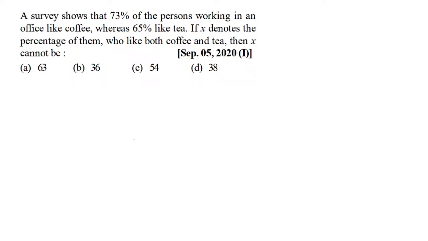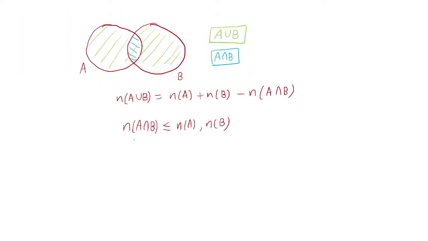I hope everyone has read the question and you may try answering it. The sub concept involved will be what? Number of elements in A union B will always be less than or equal to number of elements in A plus number of elements in B.